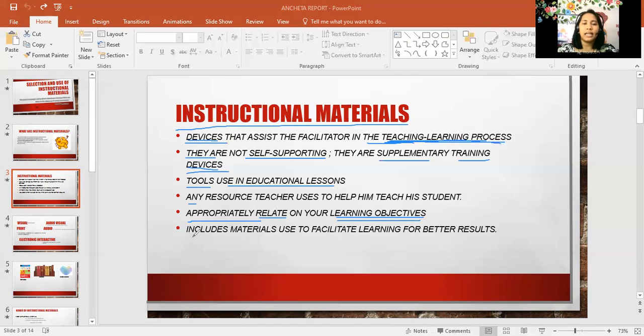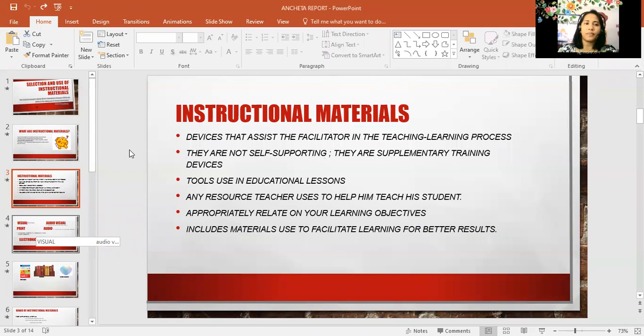And last, it includes materials used to facilitate learning for better results. So we use instructional materials for the betterment of the teaching process.